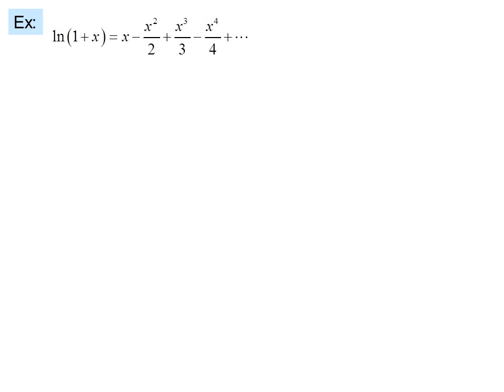Example: the natural log of 1 plus x equals x minus x squared over 2 plus x cubed over 3 minus x to the 4th over 4, and so forth.